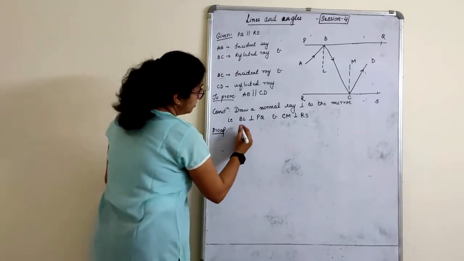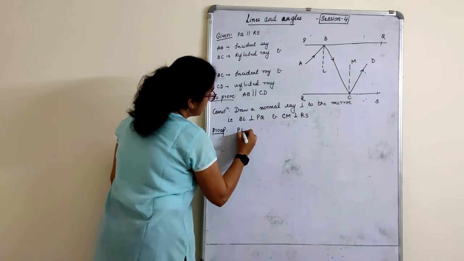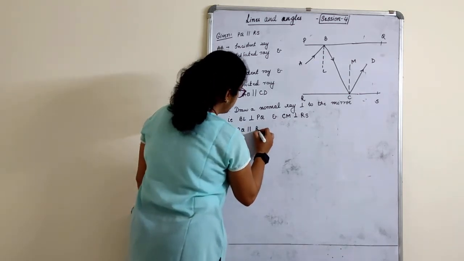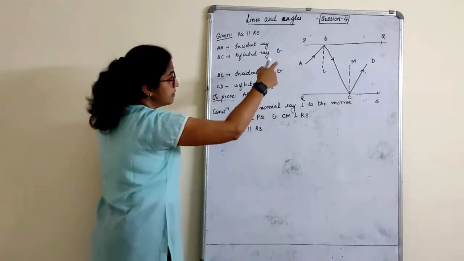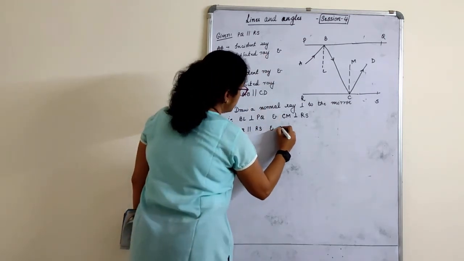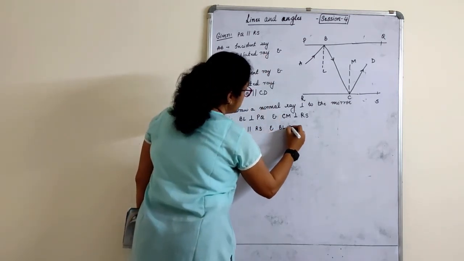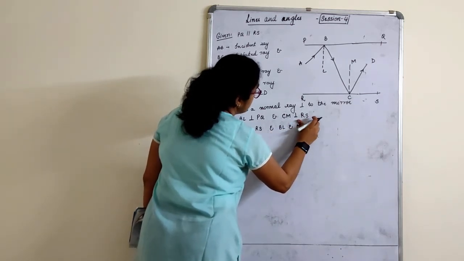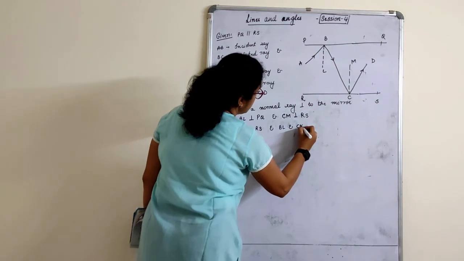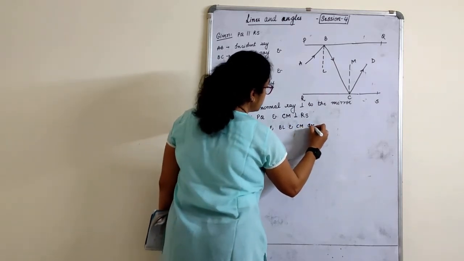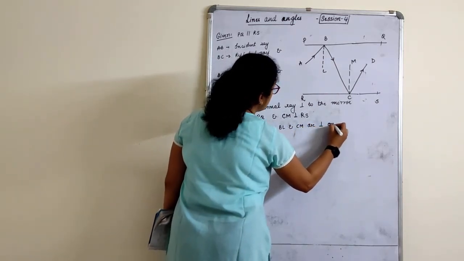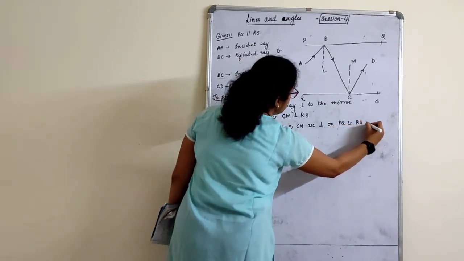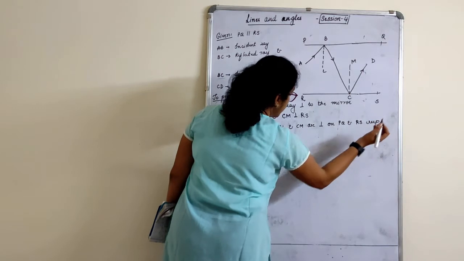Now PQ is parallel to RS, and BL and CM are perpendicular on PQ and RS respectively.